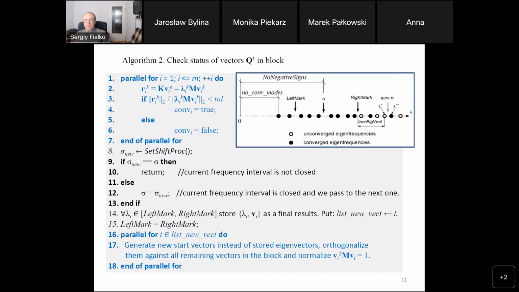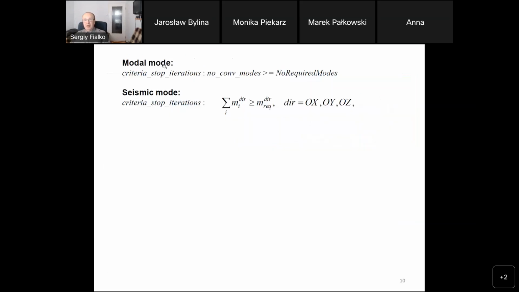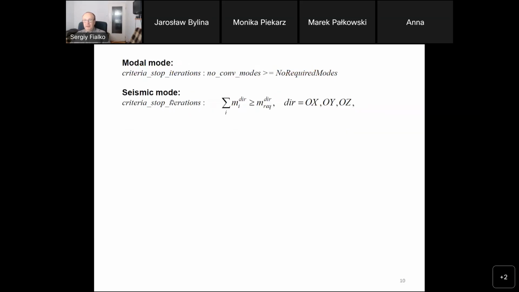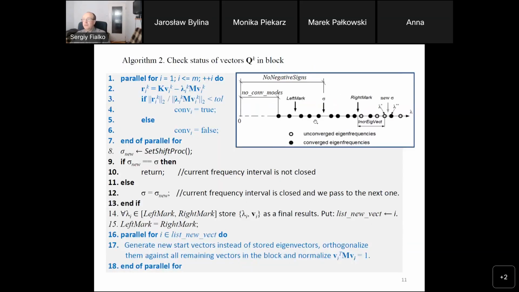If we obtain the previous value of shift, we break this algorithm and continue with the next steps in our main algorithm 1. Otherwise, if the set shift procedure returns a new shift value, that means that we pass to the next frequency interval.